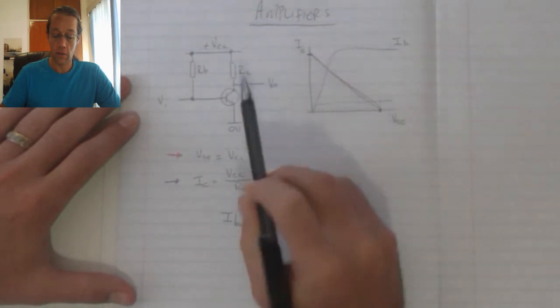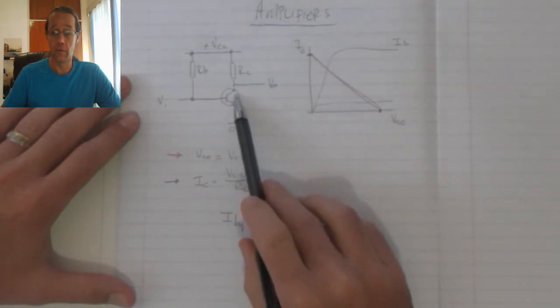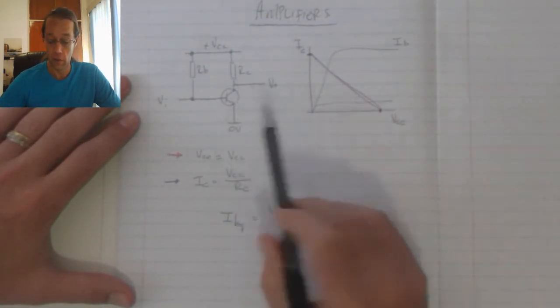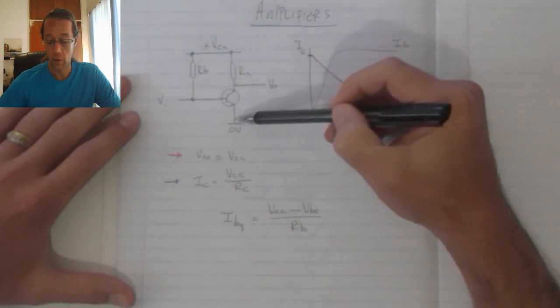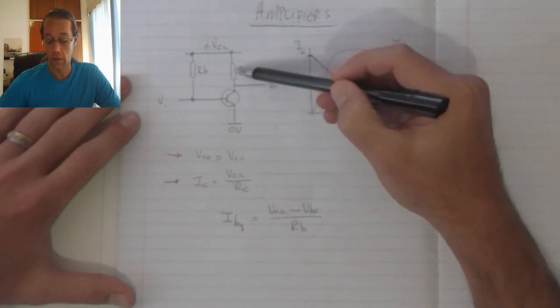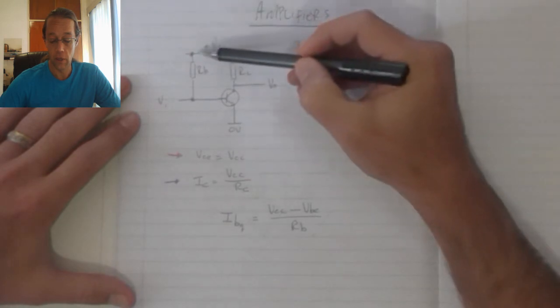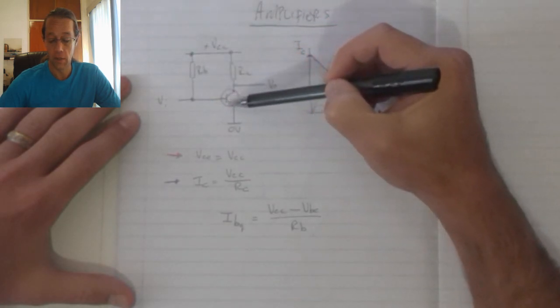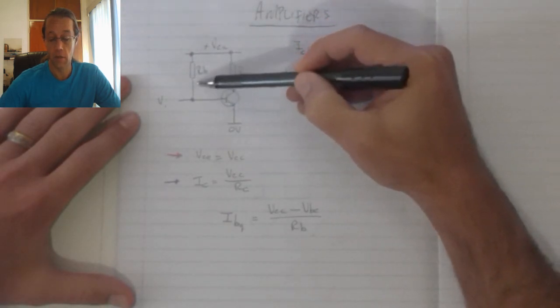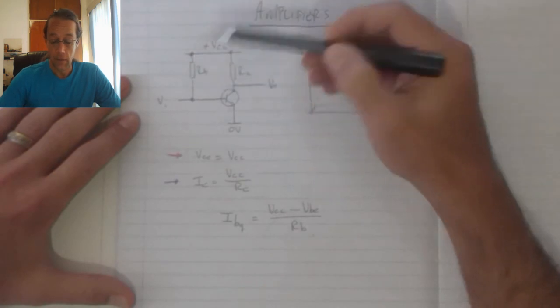We have to remember that this transistor serves as a divider for two parallel circuits. We've got the first circuit that runs through the collector resistor, and we've got the second circuit that runs through the base emitter junction as well as the base resistor.